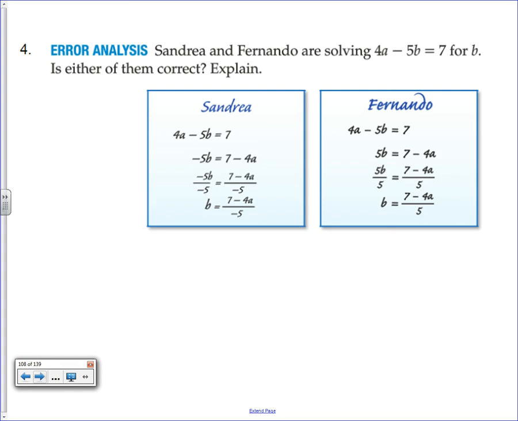Okay, I believe that Sandria is correct because when she subtracted the 4a from both sides and dropped this down, she remembered to drop down her negative sign, where Fernando did not. He lost a negative sign here. So Sandria would be correct.